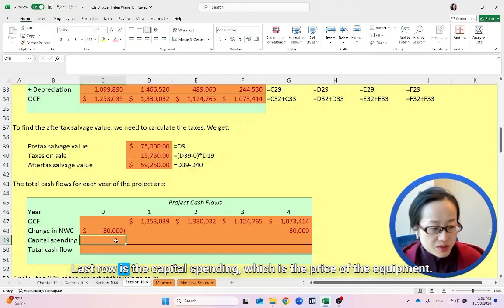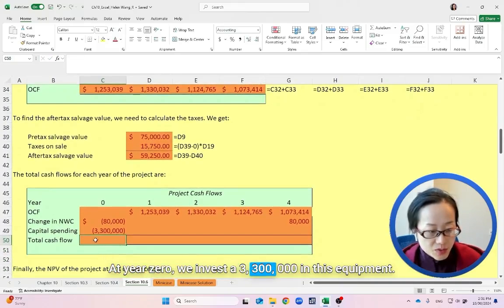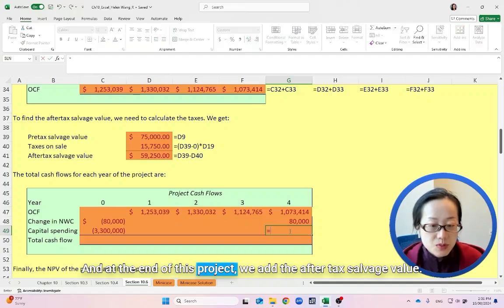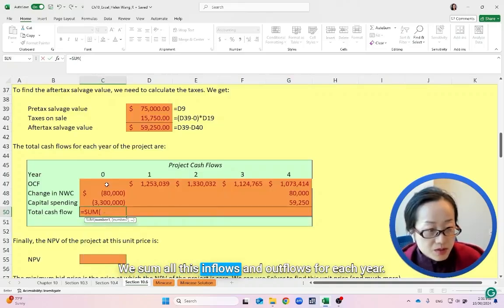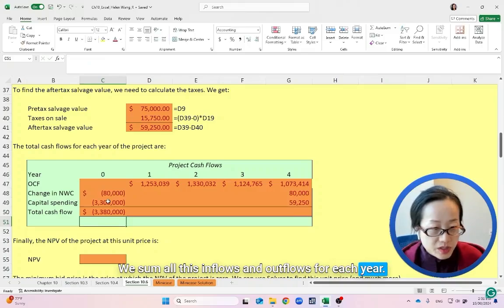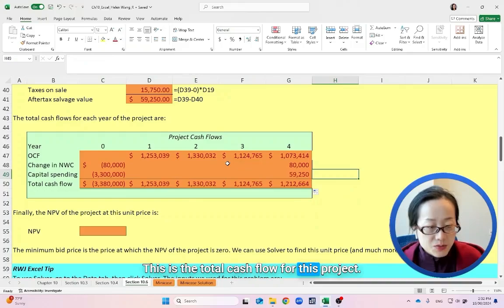The last row is the capital spending, which is the price of the equipment. At year 0, we invest 3,300,000 in this equipment. And at the end of this project, we add the after-tax salvage value. We sum all these inflows and outflows for each year. This is the total cash flow for this project.